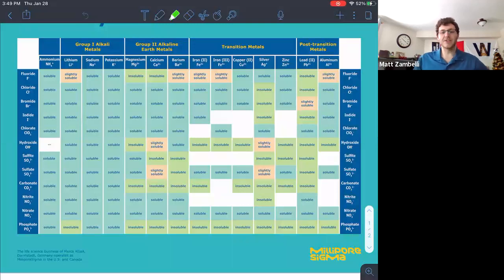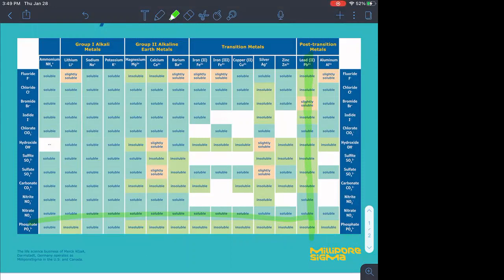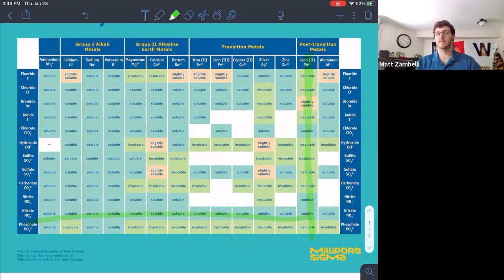We have to check our solubility. We talked about lead 2 nitrate, which is over here. What does it say about lead 2 nitrate? Soluble, which means it does what? What happens if it's soluble?